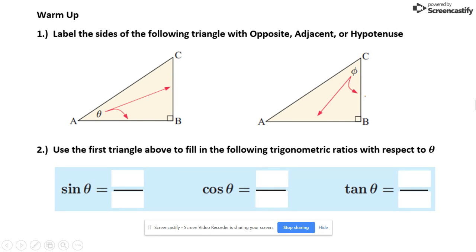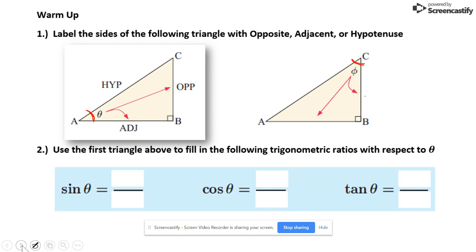So first things first, if you took a look at the warm-up, this is just going through the basic naming of the sides of a triangle based on an angle. We talk about a reference angle, in this case reference angle A versus reference angle C. If you name the sides of the triangle in reference to angle A, the hypotenuse is always the same.